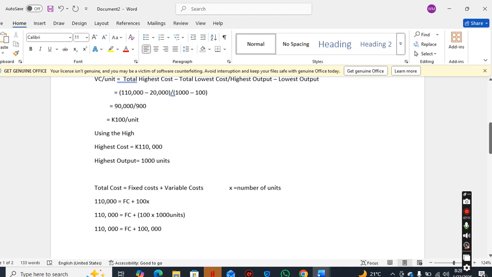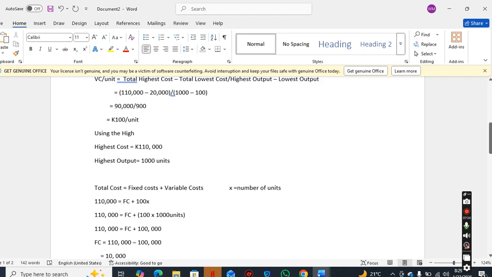So to get your fixed cost, group like terms, so this 100,000, you just cross it over the equal sign. We're going to say 110,000 minus 100,000 gives us a fixed cost of 10,000 kwacha.